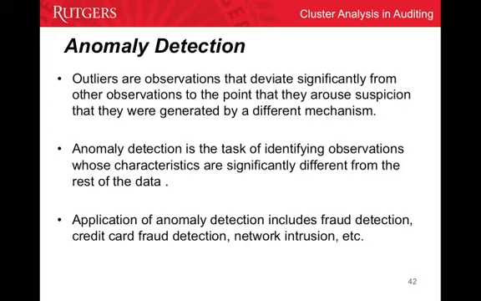Contextual anomaly occurs when the data instance is anomalous in a specific context. For example, a temperature of 35 degrees is considered normal in winter, but rather abnormal in summer. While collective anomaly is the case when a collection of related data instances are anomalous.